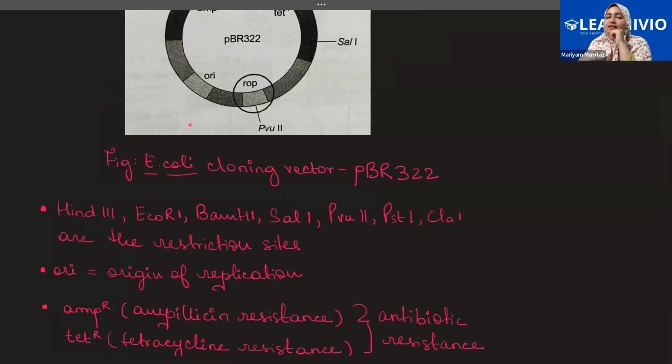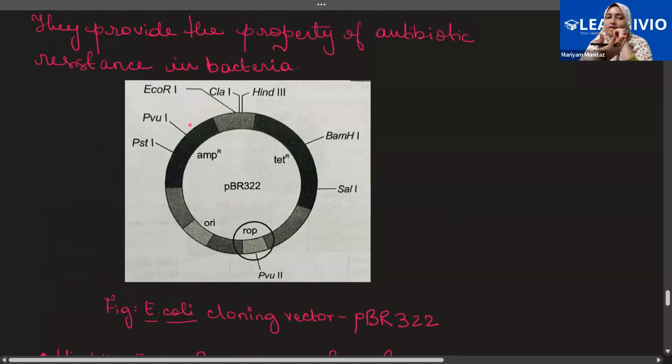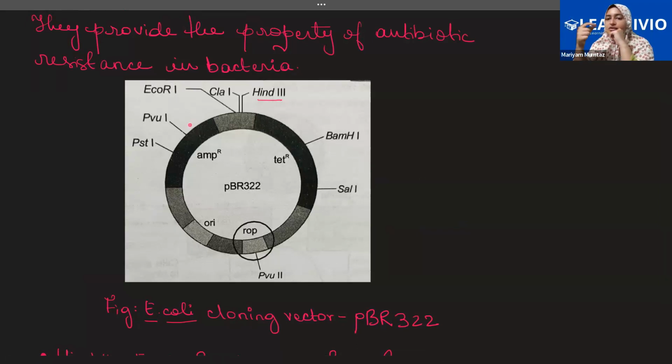Meaning, if we are using one of the restriction enzymes such as HindIII, it is available outside also, because you are using it to cut the foreign DNA also, right? As a thumb rule, it is important to remember that the restriction enzyme which will be used for cutting the vector should also be used for cutting the gene of interest.